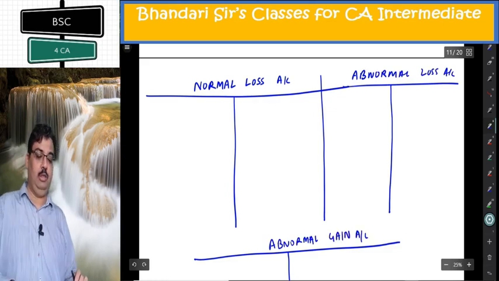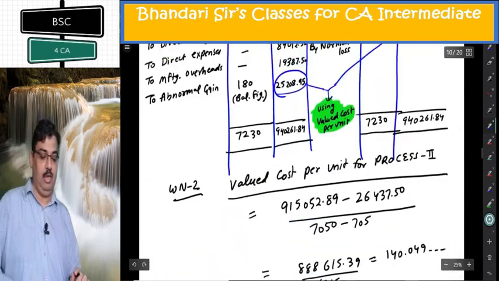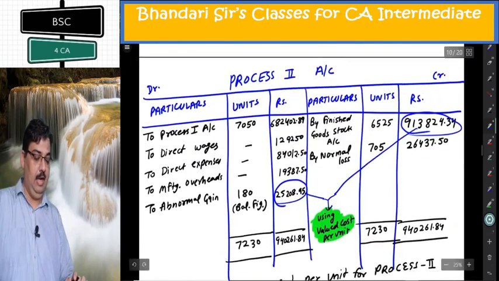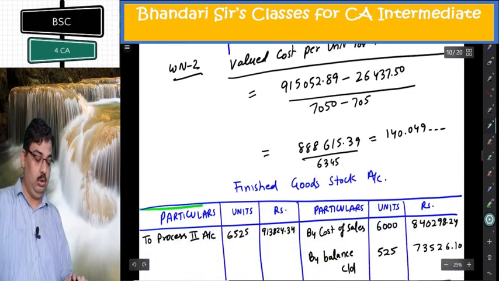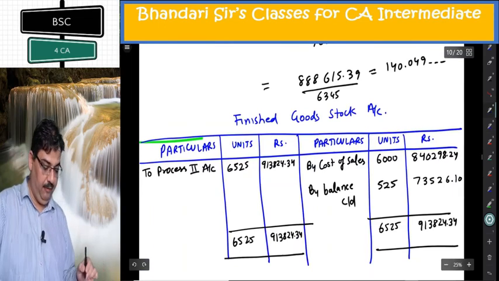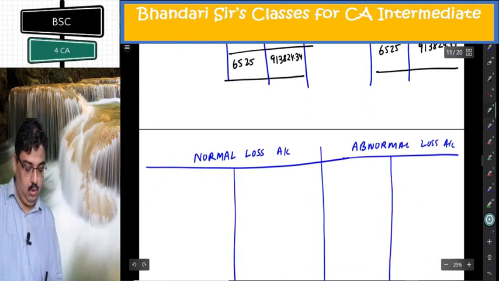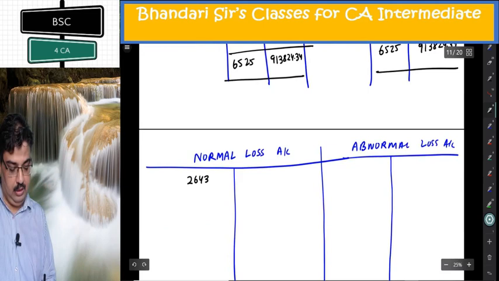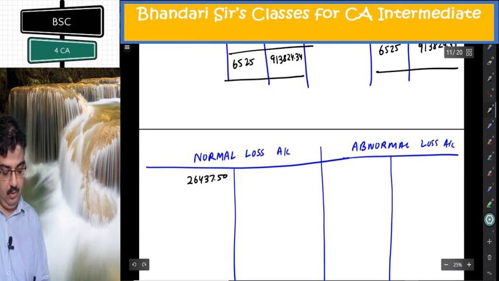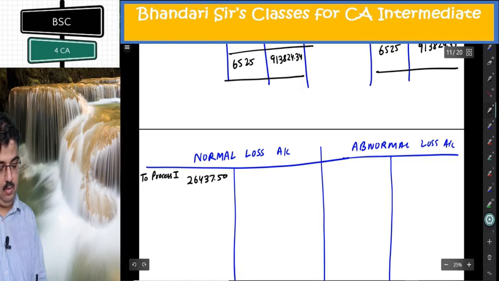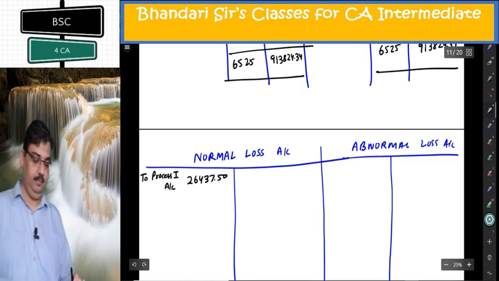First, I post from both process accounts. From process 1, on credit side, normal loss 26437.5 to process 1 account.